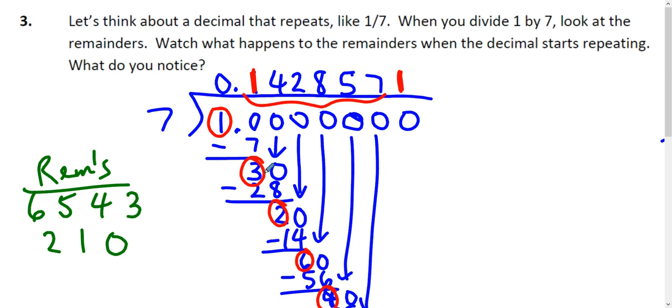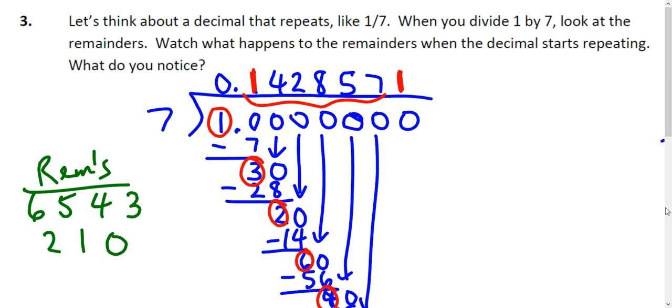So you're like, okay, we can have these remainders be different for a while, but no more than 7 times, right? Because then one of these has to pop up again. And once one of these pops up again, the thing has to repeat. Or it runs out, and if it runs out, then it repeats forever with zeros.